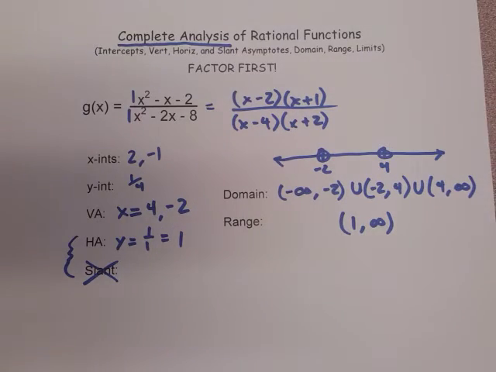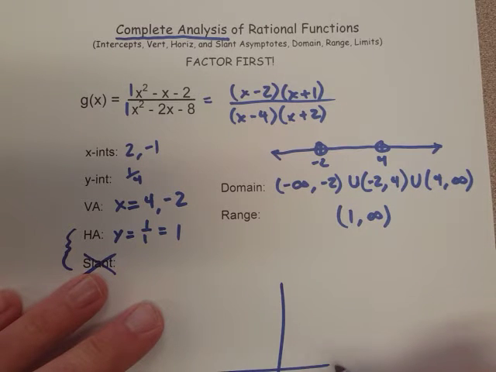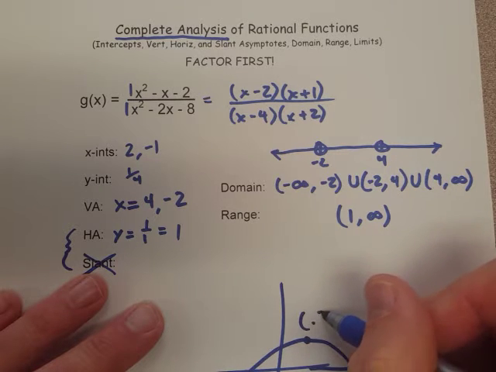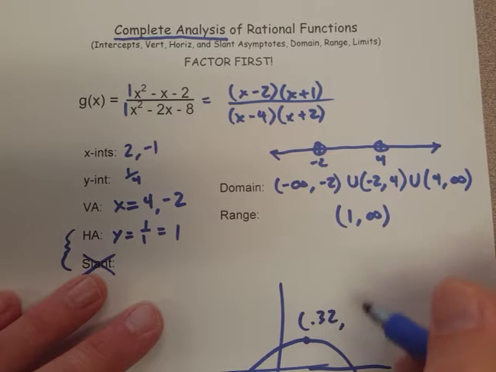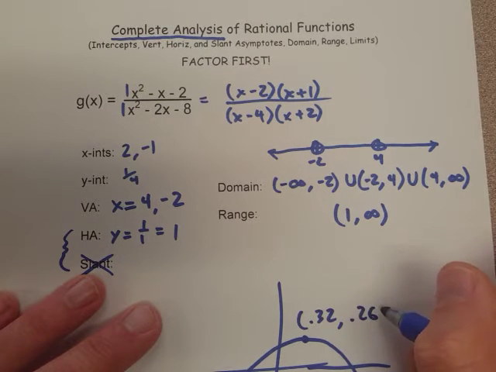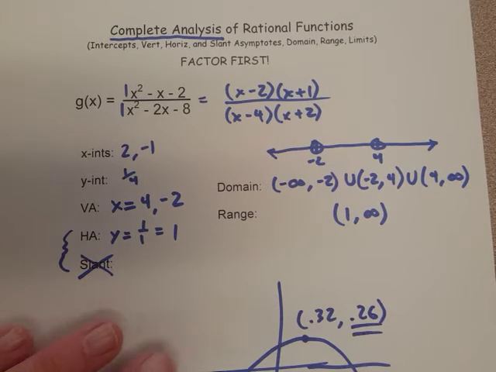So if we're looking at that graph, from what I had on my calculator, the peak was at 0.32 approximately, and the y value was 0.26. Now we're looking for range, so we are only interested in the y value in this case, and that's going to be the bottom part of our range.